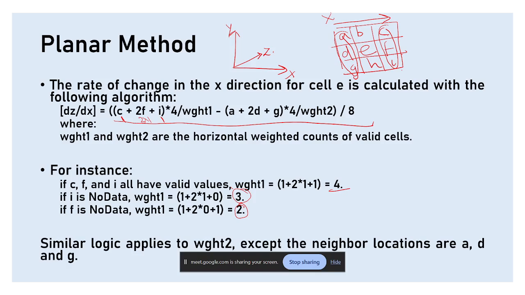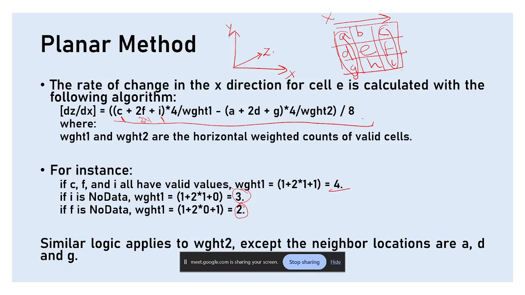Anyway, this is the formula that needs to be used in order to determine dz by dx, right? So here we have C plus 2F plus I multiplied by 4 divided by weight 1, minus A plus 2D plus G multiplied by 4 by weight 2, whole divided by 8.